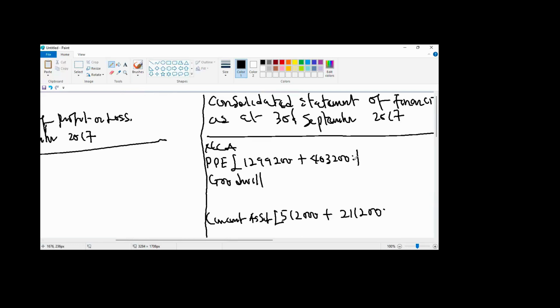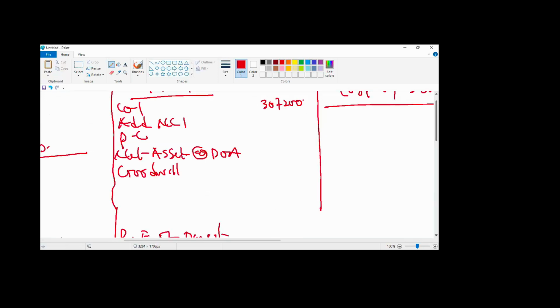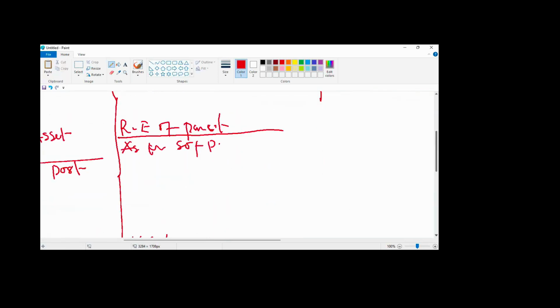PPE plus 64. I will go to the reserve of the company. Credit reserve. What I've opened up: share capital, the net assets. Look, see here.